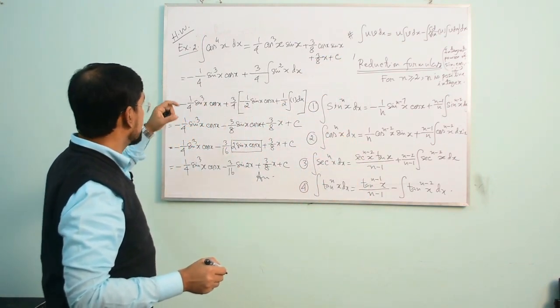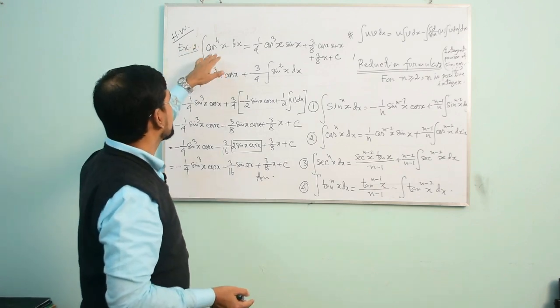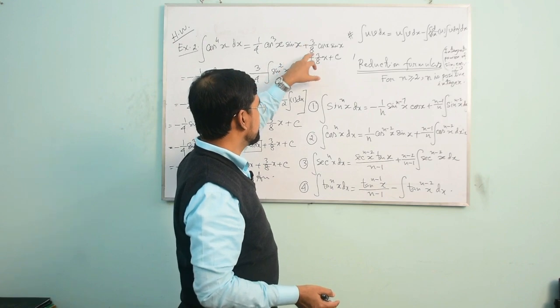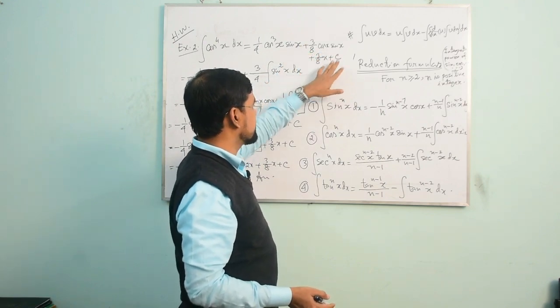You can try this in your apartment as homework, and the answer should be 1 by 4 cos cubed x sin x plus 3 by 8 cos x sin x plus 3 by 8 x plus c.